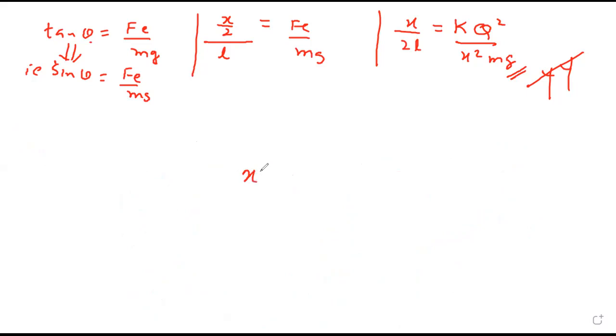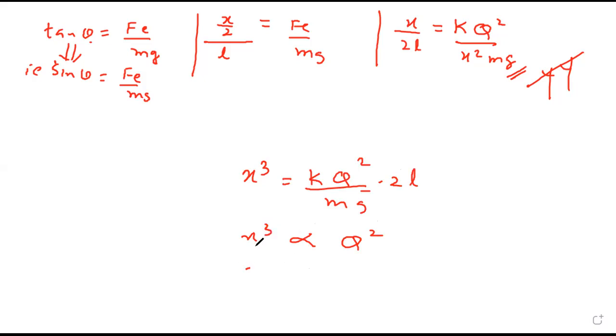So we can say x cube equals k q square into 2L upon mg. Therefore, x cube is proportional to q square. I hope this much also you follow. Yes, x cube equals this.